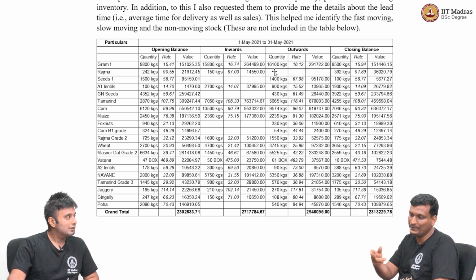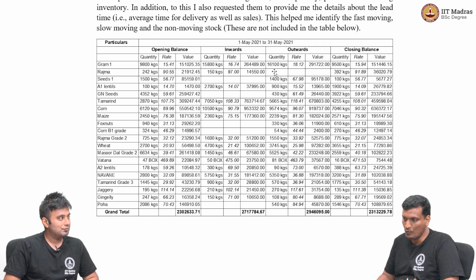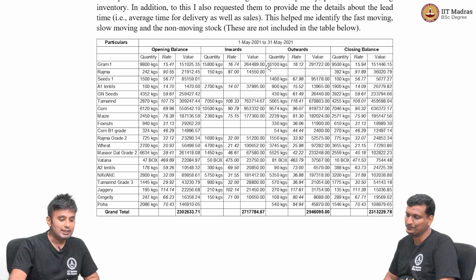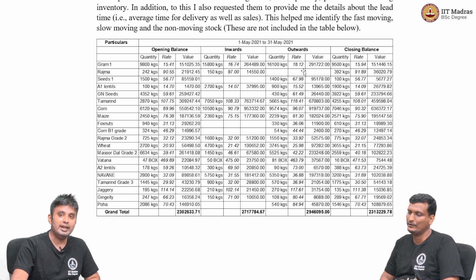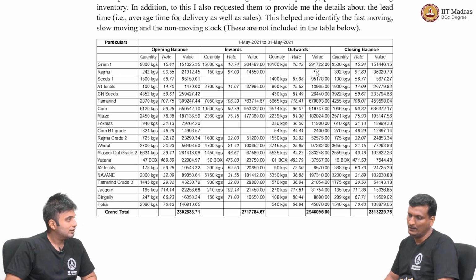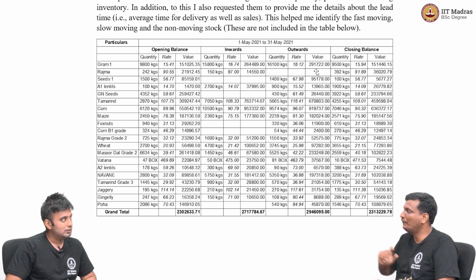Exactly. Now it also can be seen from the outwards which is being sold to the customers. And you see that 16,100 kgs were sold at an average price of 18 rupees 12 paise. Ashwin, can I assume that by selling at 18 rupees and 12 paise, where you bought it at 16 rupees and 74 paise, the difference is the margin for me?